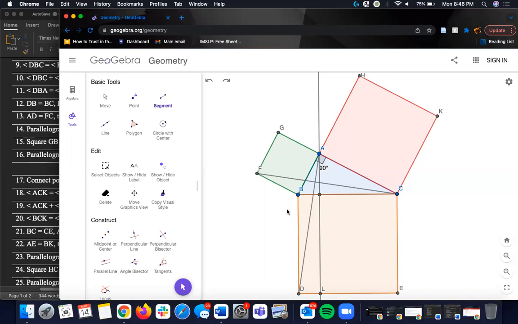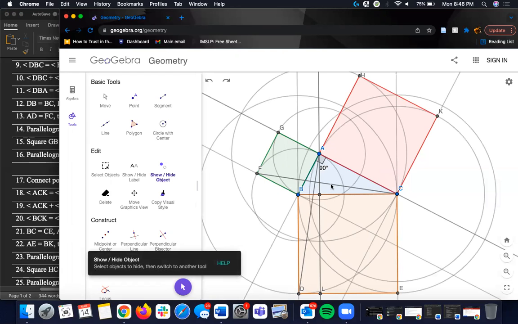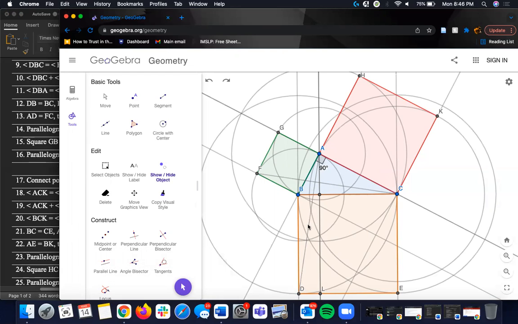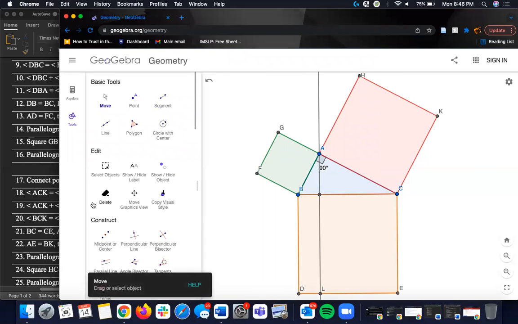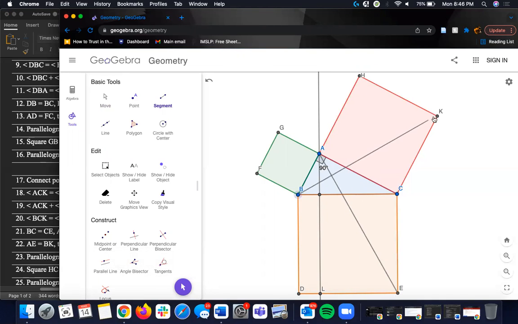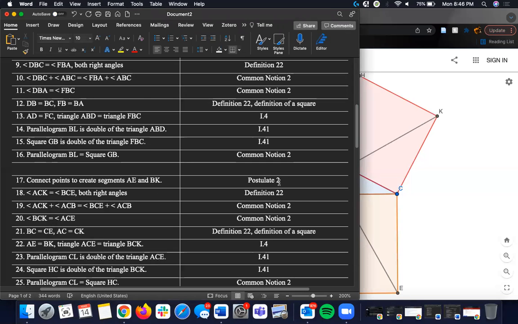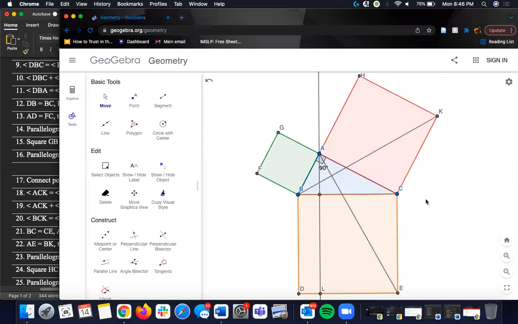And now we'll be moving on to the second part. The next step, in order to prove that square GB is equal to square HC, is to connect segments AE and BK. This is justified by Postulate 2. Once we did that, angle ACK is equal to angle BCE because both are right angles according to Definition 22.